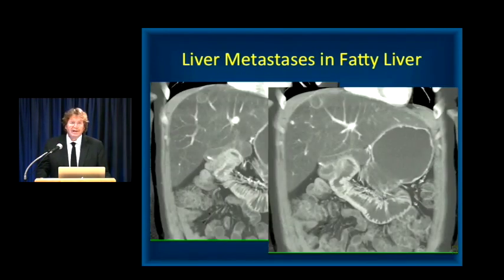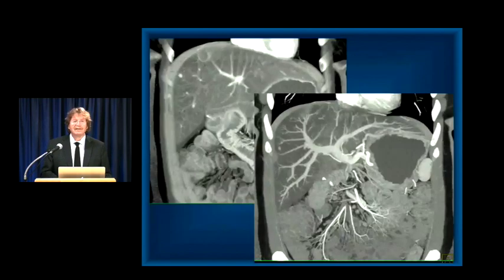Another example. Now, one thing at times that can be tricky, we talk about focal fat simulating malignancies. We talk about the difficulty sometimes in picking up lesions, but the fact is lesions often will show better because of fatty infiltration. Here's a patient with colon cancer and liver metastasis.